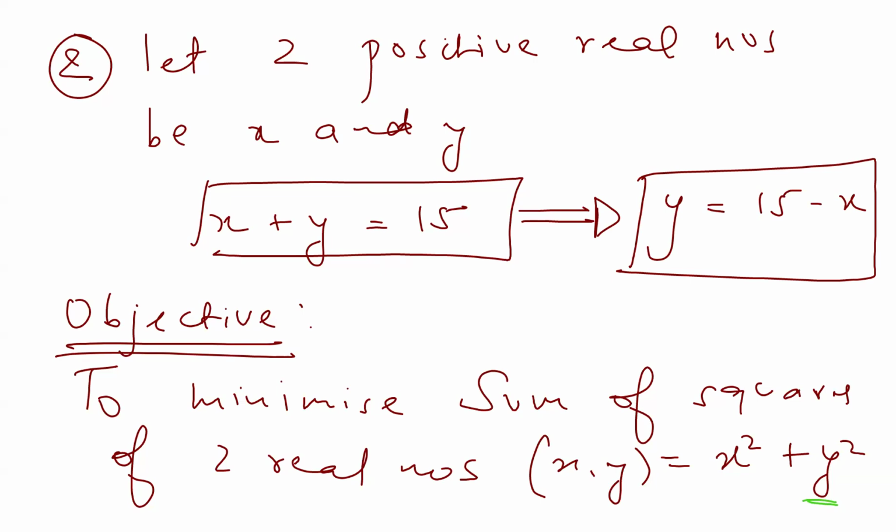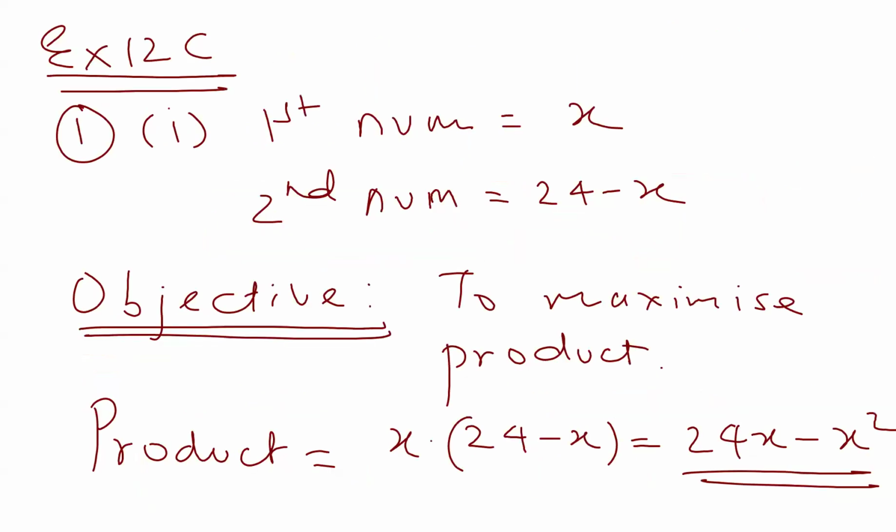So the sum is x square plus y square. Put the value of y as 15 minus x.